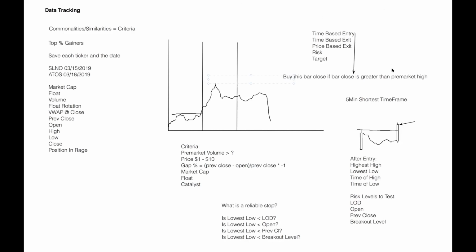Let's go ahead and shrink this text down. Now you find the highest high after your point of entry, right? And now what you want to ask is a basic question.